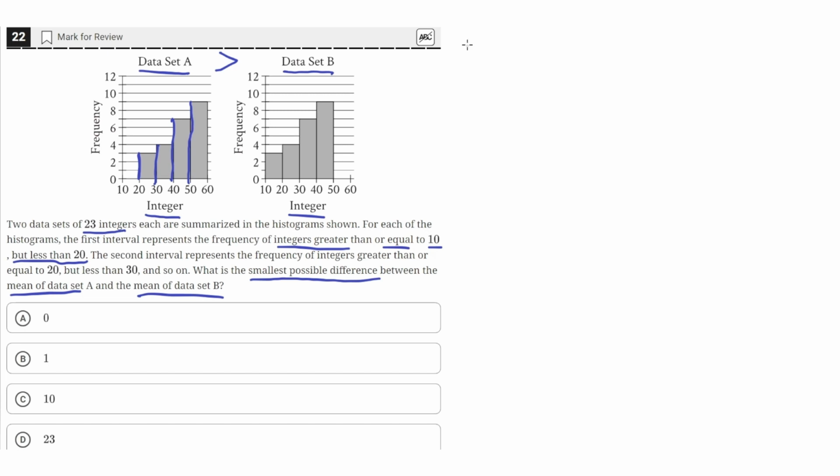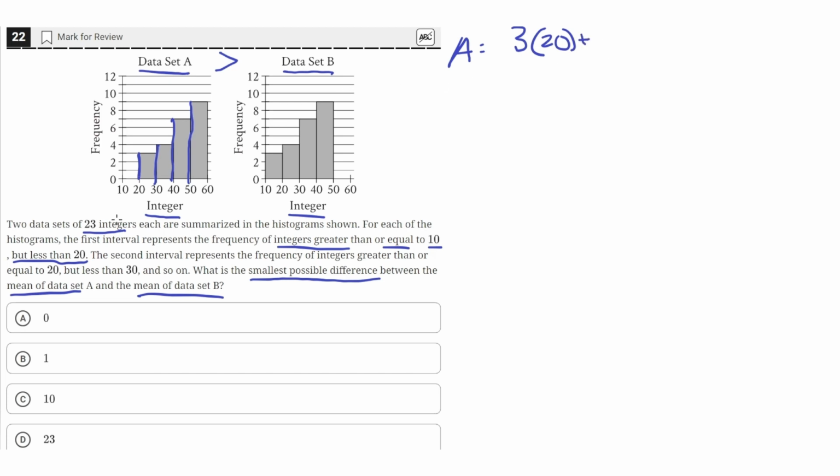So let's do that for dataset A. Dataset A says that we have 3 as a frequency for this interval from 20 to 30. But we want to find the smallest integers possible. So we'll assume that they're all 20. So we'll have 3 20s.